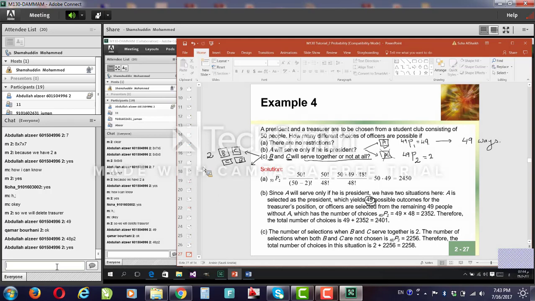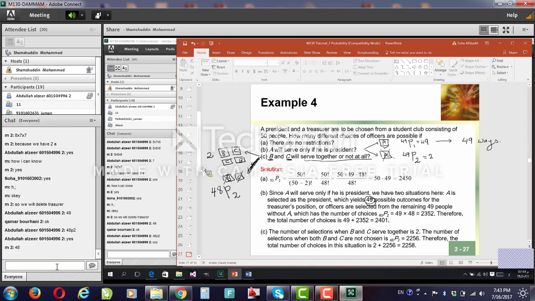In case 2, I will cancel B and C. I don't want them to play. Okay, I'm going to cancel them. I remain with how many? 48. And from the 48 I choose 2, 48P2, which is 2256.